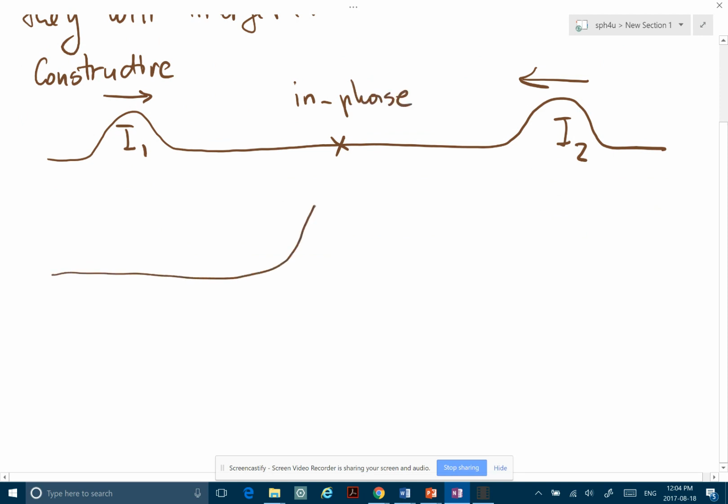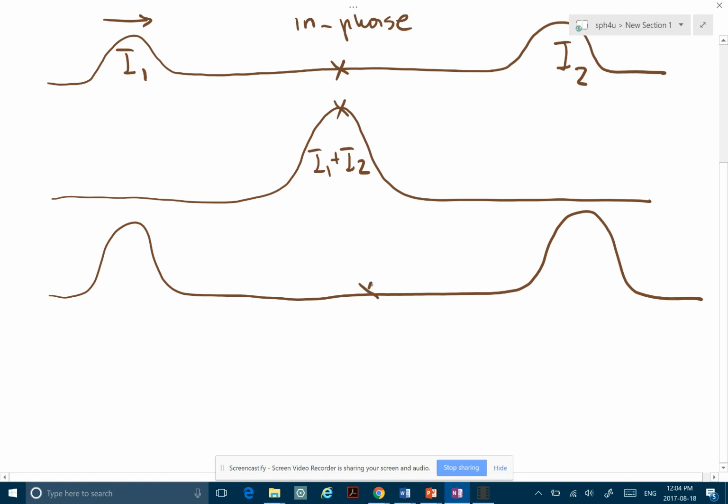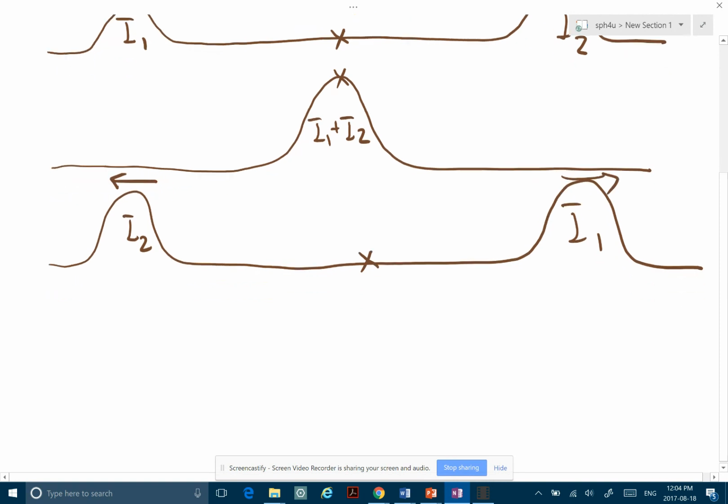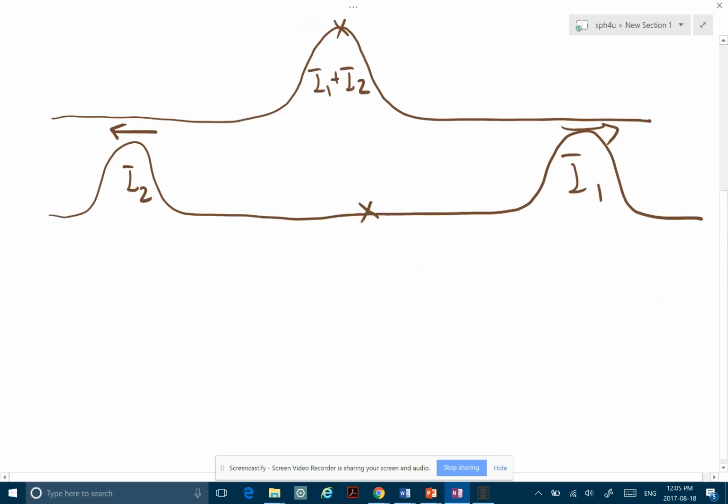So what happens in the middle? We will have that super crest, so we're going to have I1 plus I2 during interference. And what would happen after is that the two waves will travel as if they never met each other before. So I2 will be on the left and I1 on the right. Of course, we could have the other case. So this is in phase, constructive.